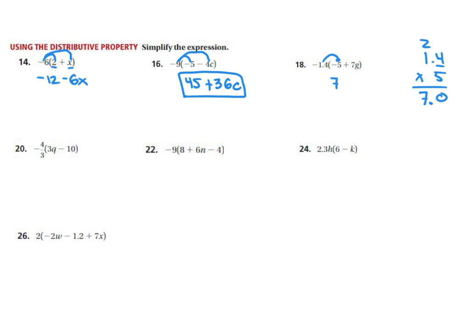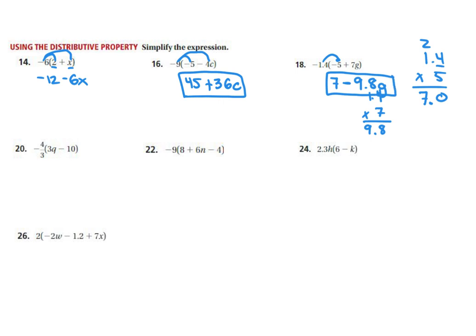And then negative 1.4 times 7g, a negative times a positive is going to be negative. And I'll need to multiply 1.4 times 7. That's 28. So that's 9.8. And it's going to be g. So 7 minus 9.8g.